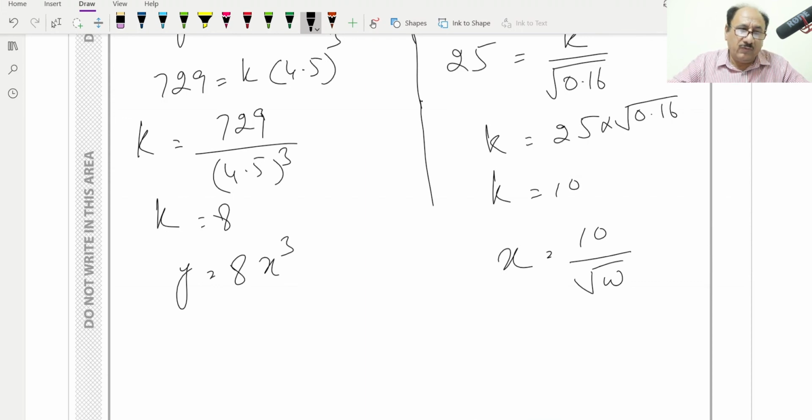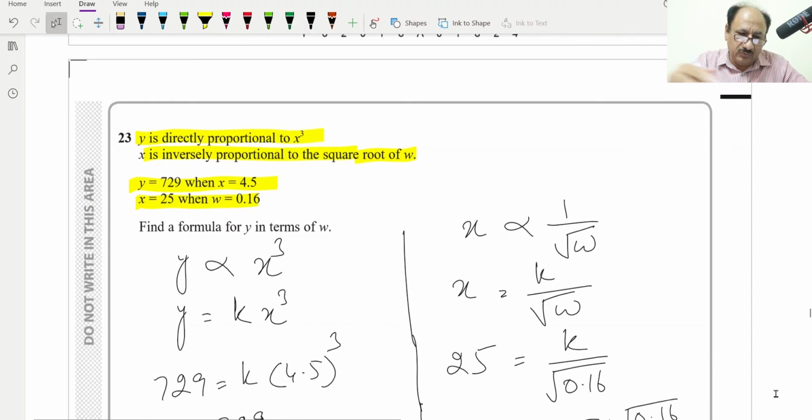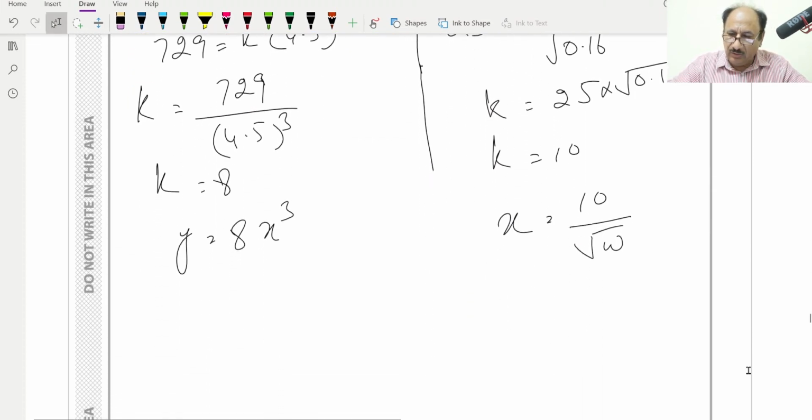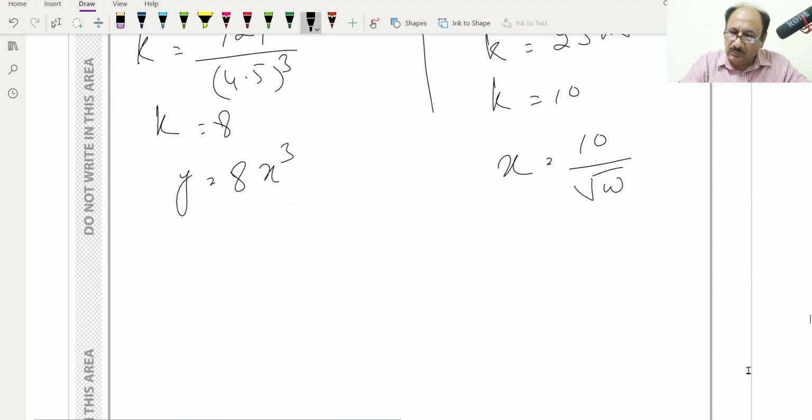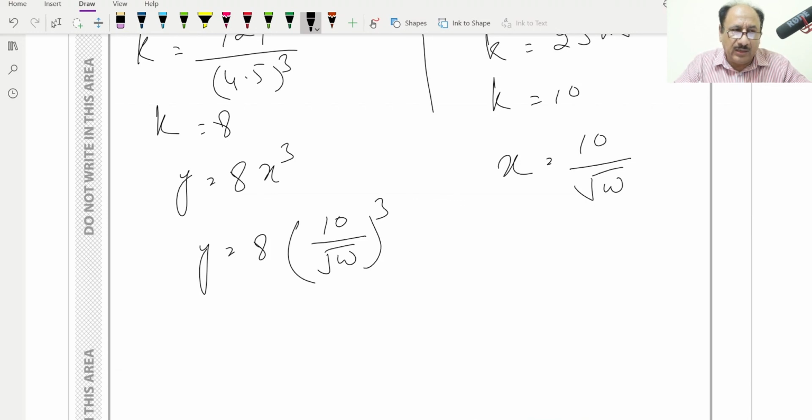Now we have to find a formula for y in terms of w. So we will compare these two equations. We can replace the x value. So y is equal to 8, and the x value is 10 over the square root of w, all cubed.